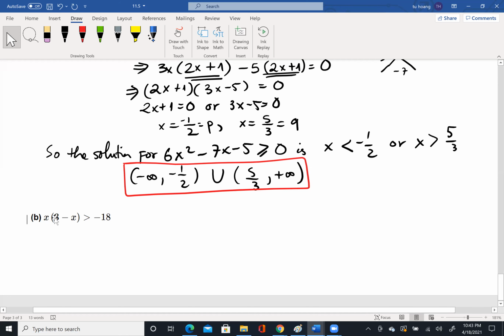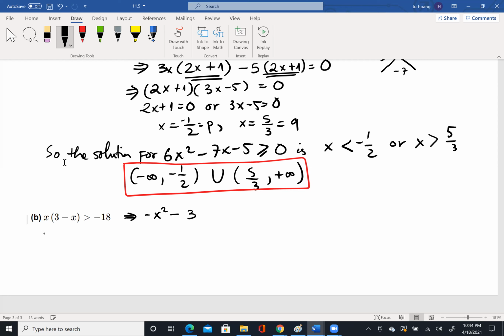The distribution has to be negative x squared plus 3x. And then, just step by step, now I'm going to add 18 to both sides. So I have negative x squared plus 3x plus 18 greater than 0.